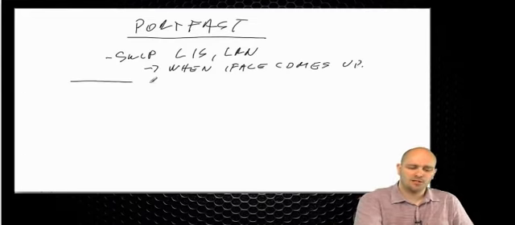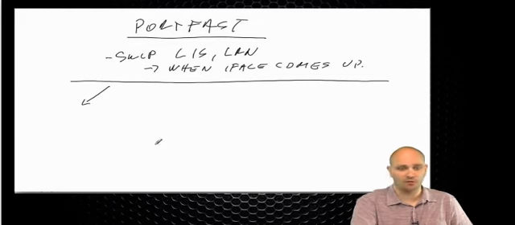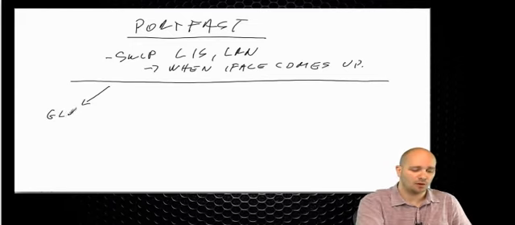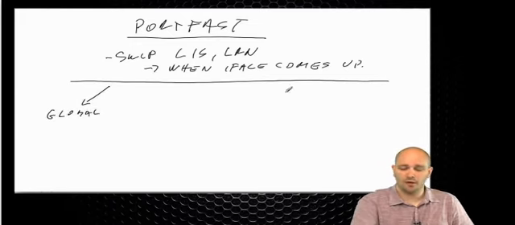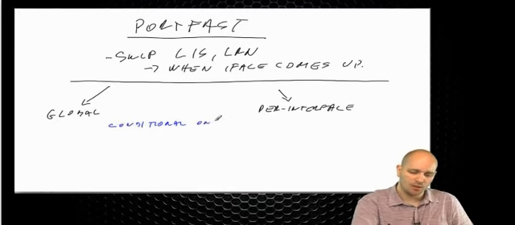Now, to explore this feature a little bit, we need to understand that there are 2 ways of configuring it. One is global, and the other way of configuring this feature would be per interface. In both cases, these features are conditional on incoming BPDUs.